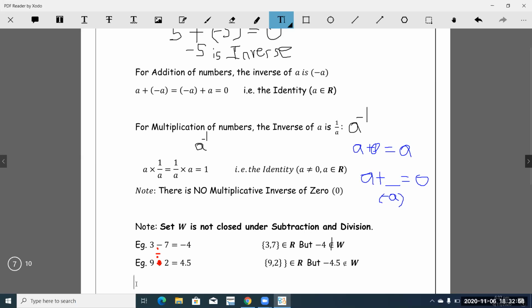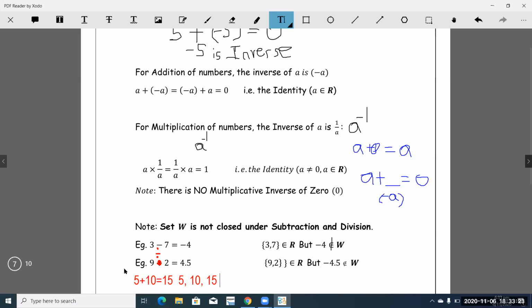So for example, let me put it right here. We have 5 plus, let's say, 10. The result is 15. But 5 and 10 are natural numbers, and 15 is also a natural number.